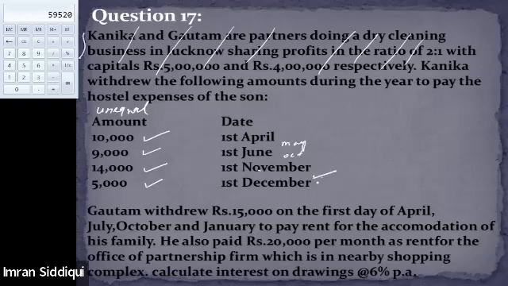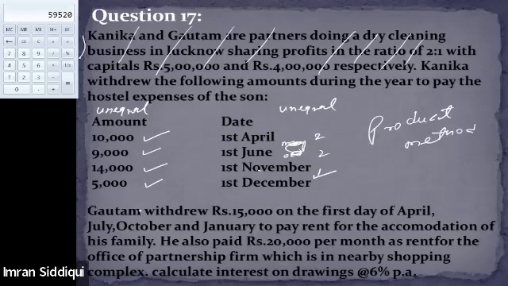So there is no gap. We have a 2 month gap here. I'm sorry, there is a 2 month gap here, a 2 month gap here, and a 1 month gap here. So that means the interval is not equal, unequal interval, unequal amount. Since the amount is unequal and the interval is also not equal, that simply means that we need to apply the product method to calculate interest on drawing. Is that right? Yes, sir.